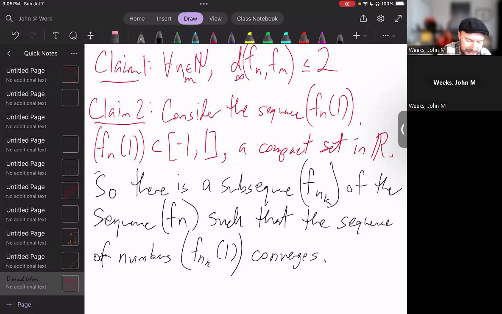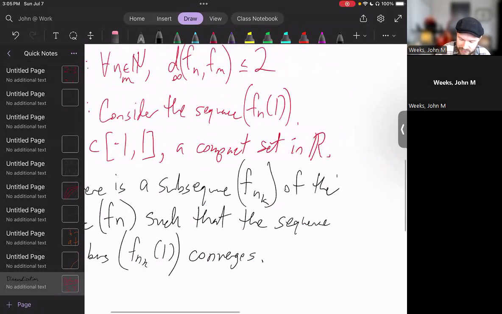Now, this is all by definition of compact. So this is the definition of compactness of the set -1, 1.